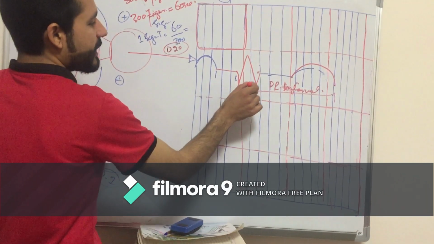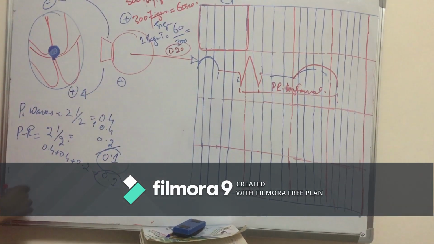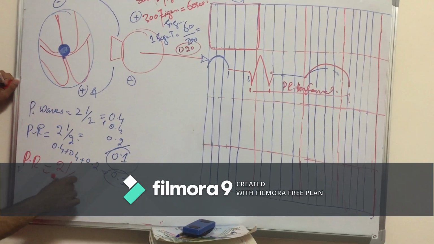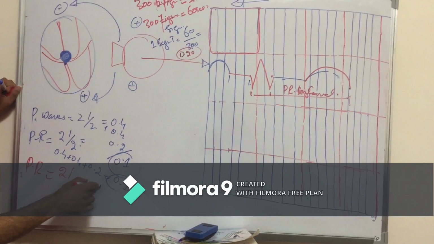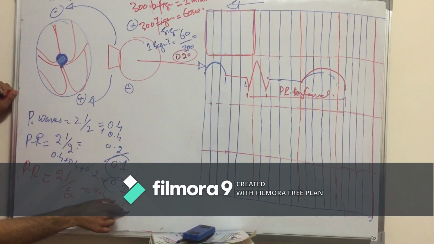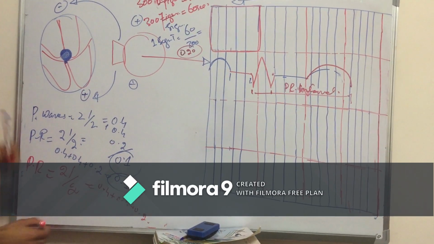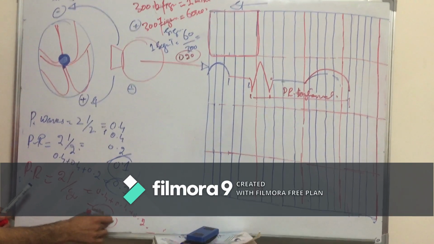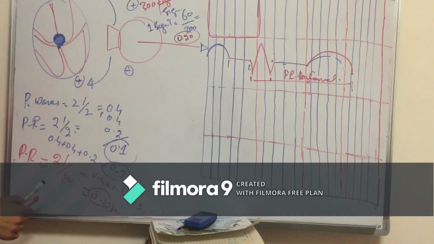Now the QRS complex will take how much time? The same, it occupies 2.5. So 0.04 plus 0.04 plus 0.02, the same 0.1 second.